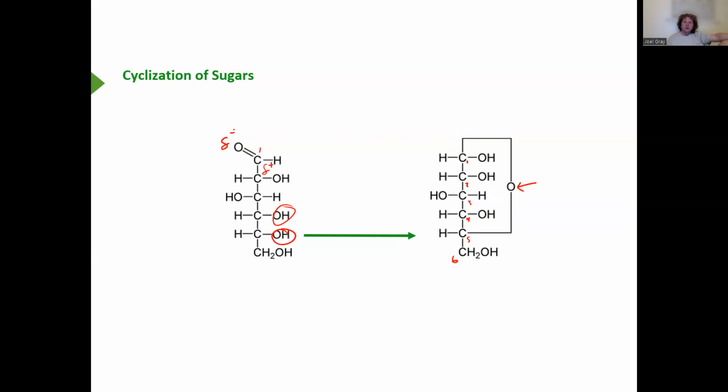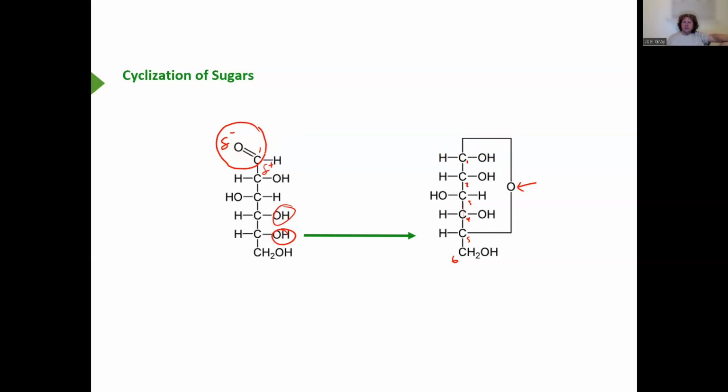What has changed, however, is that carbon number 1 no longer is an aldehyde. Instead, carbon number 1 has an alkyl chain. It has an oxygen making an ester. Then we've got a hydroxide group and a hydrogen.